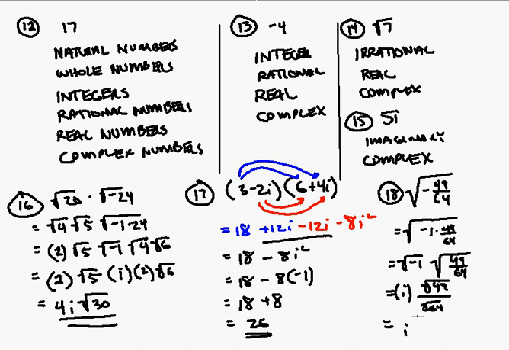The square root of 49 is 7. The square root of 64 is 8. So it's i times 7/8. Final answer is 7/8 i. Done.